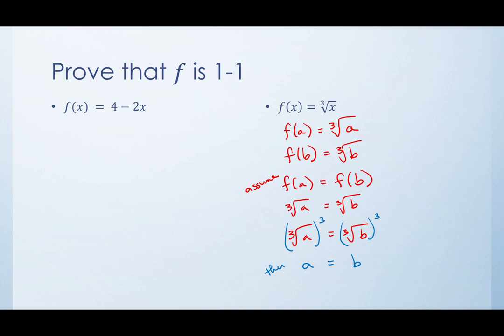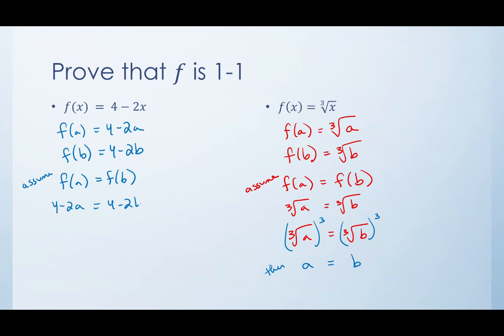We can do the exact same thing with our function on the left-hand side here, the linear function. So we've got f of a, 4 minus 2a. We've got f of b, 4 minus 2b. We're going to set those equal to each other, so we're assuming that they're equal. We've got 4 minus 2a equals 4 minus 2b.